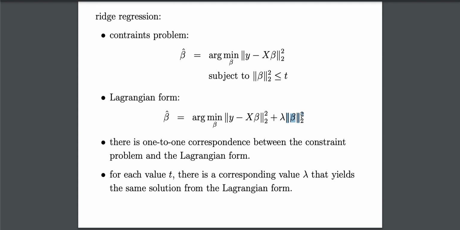So if lambda is large, the cost of having a non-zero beta increases. If lambda is infinity, then the only solution here is beta 0. If lambda is very large, then beta must be 0. So the larger the lambda, the smaller the beta for all the coefficients, more or less.